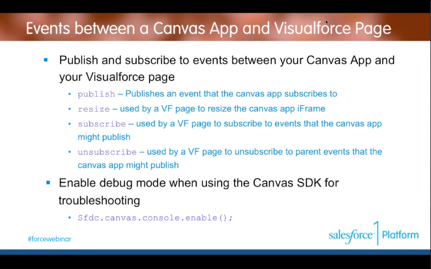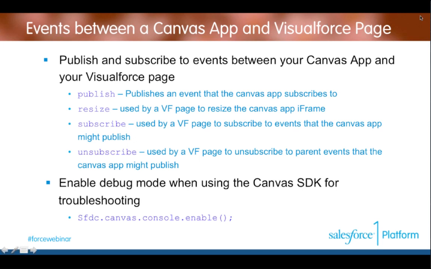Once it's subscribed to a topic, every time one or the other publishes any data to that particular topic, surfaced as an event, the app that subscribed to it can access that data. And so now you have a really efficient and sanctioned, secure channel of communicating between both the Canvas app and the Visualforce page.